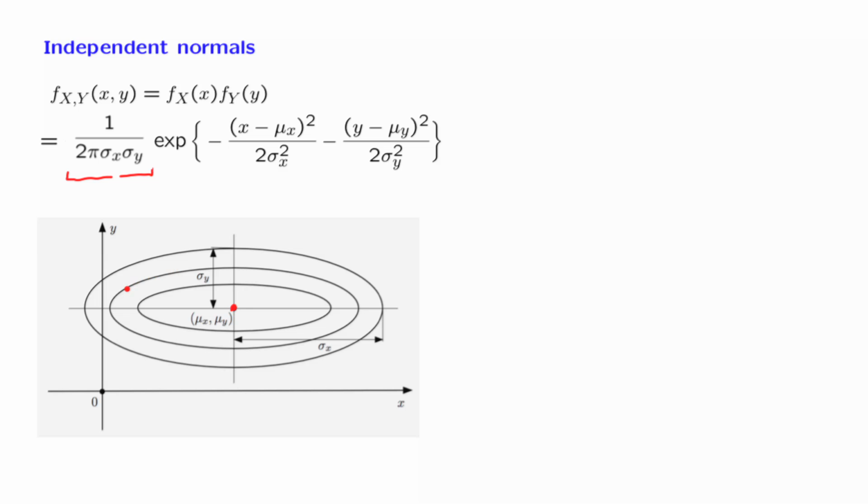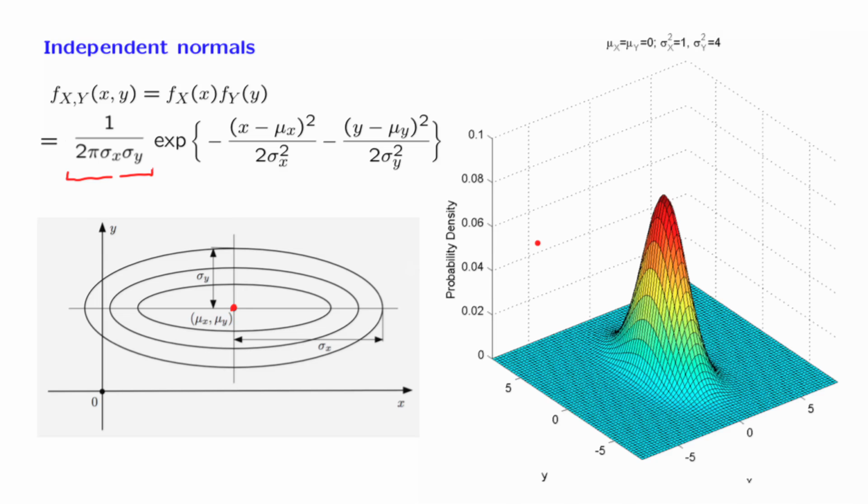Now, for the case of standard normals, the joint PDF was circularly symmetric. The contours were actually circles instead of ellipses. But this is not the case in general. For example, suppose that the variance of y is bigger than the variance of x. Then you get a shape like the one shown in this figure.